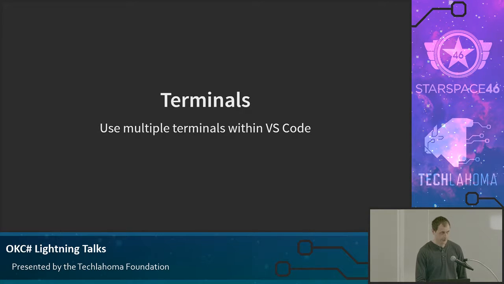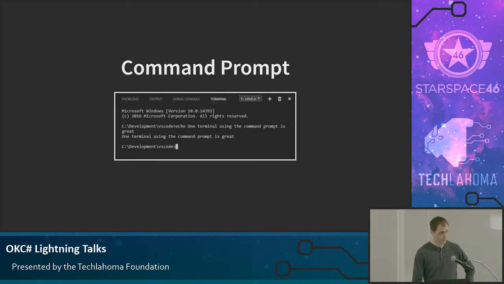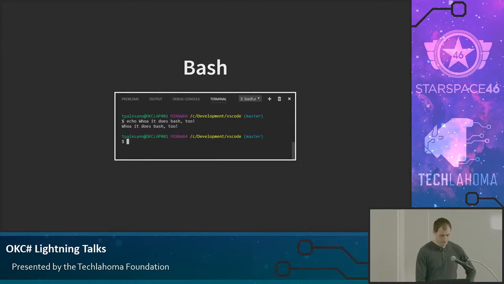Something else I really liked, because I work a lot with PowerShell, command line batch scripts, and bash sometimes because I'm doing Git, is that it has these terminals built right into the IDE, so I don't have to change windows or Alt-Tab or anything like that. You can have multiple command prompts at once. So here we see just a typical command prompt. In the same area, I also have a bash window.